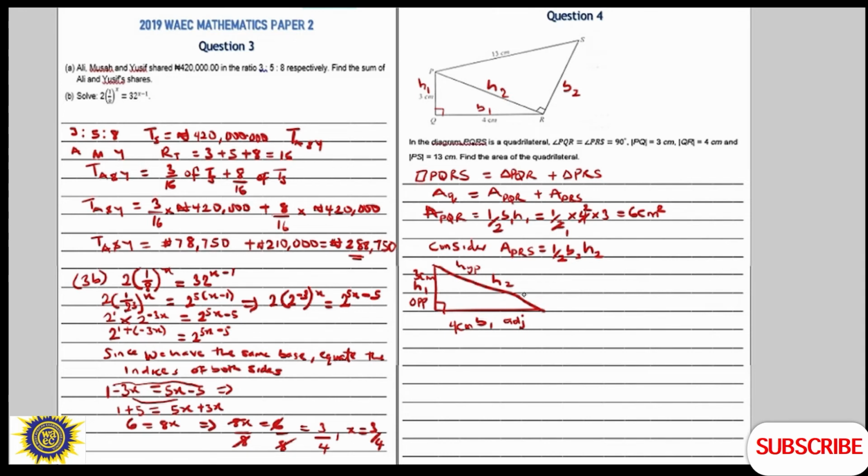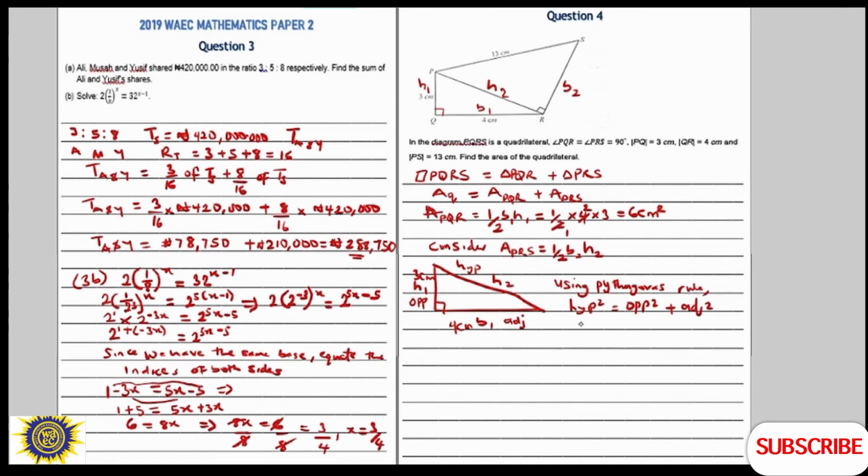So now to calculate this H2, which is our hypotenuse, we use Pythagoras theorem. Using Pythagoras rule or theorem, we have hypotenuse square equal to opposite square plus adjacent square.